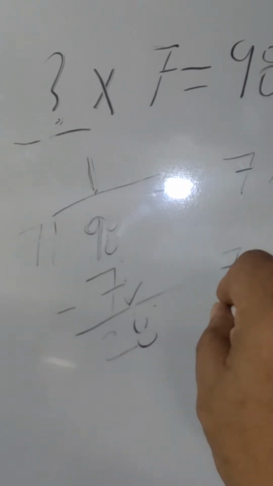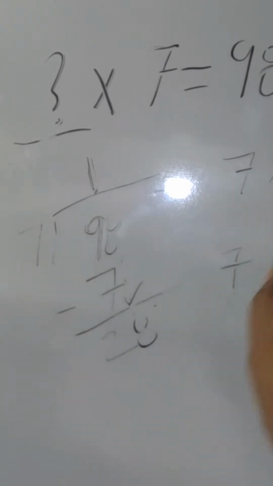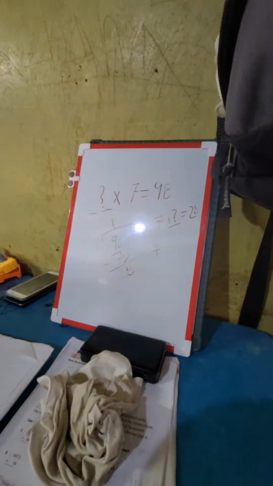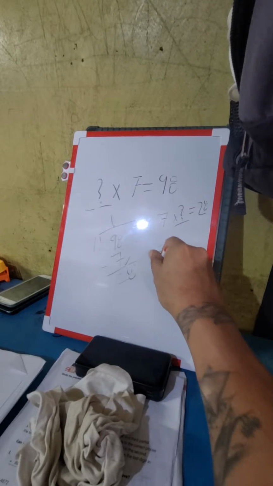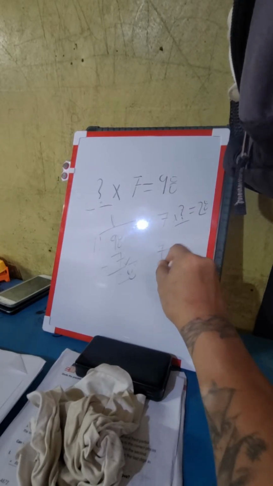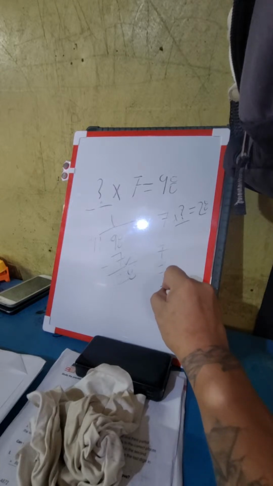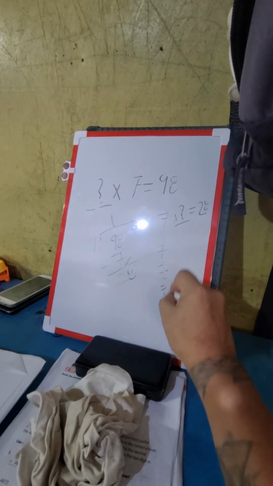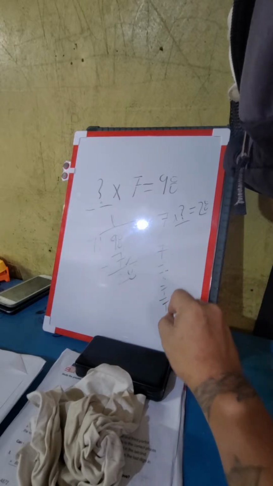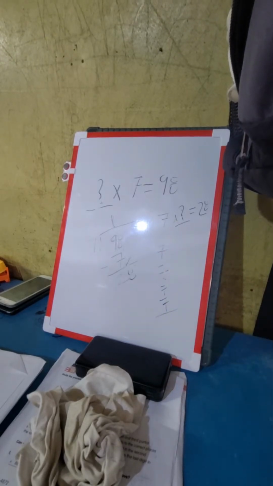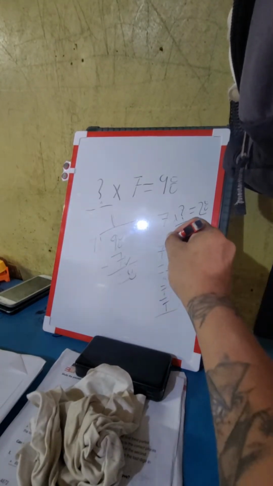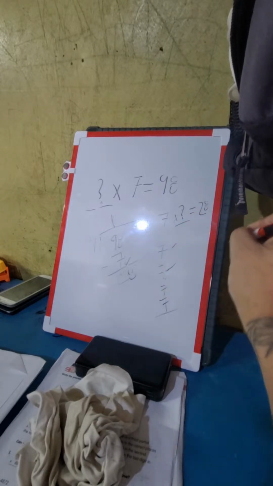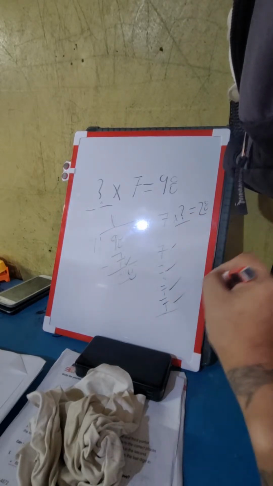Okay, let's add it. 7, 7. My marker's gone. 7, 7. 1, 2, 3, 4. Why is that 4? Because I already know the answer, but I'm gonna show you. 7, 14, 21, 28.